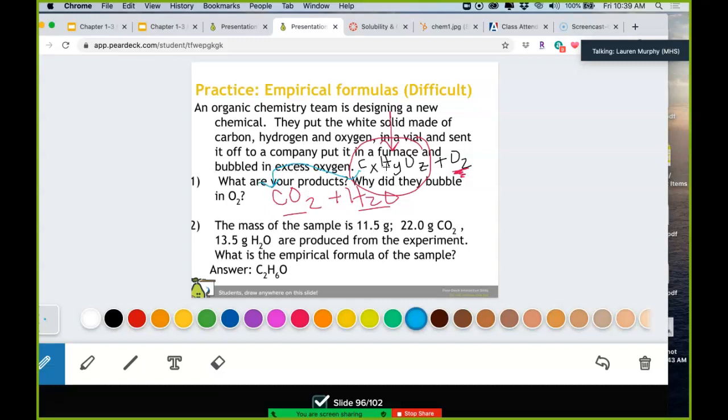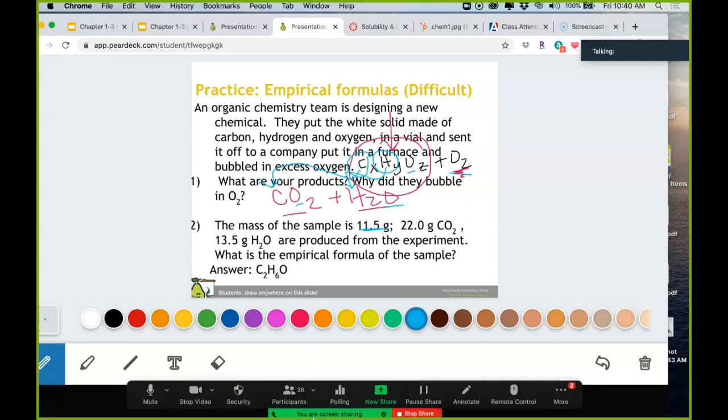And that all of the hydrogen in this organic compound turned into the hydrogen that's in water. Now, oxygen, we can't say the same because there's oxygen in the sample, and oxygen in O2, and oxygen in carbon dioxide, and oxygen in water. So if we can figure out how much carbon and how much hydrogen is in the sample, we can figure out the rest must be oxygen because we know how much the sample weighs. Are we okay so far?